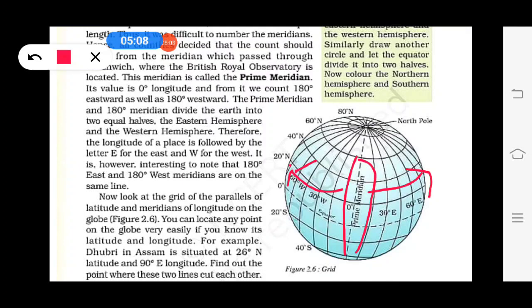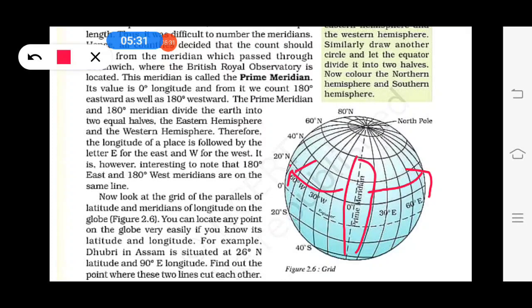Now, it is very easy to locate any point on the globe by using a grid of latitudes and longitudes. What is a grid? Look at the picture. Latitudes and longitudes intersect each other in this picture. So, this is called a grid of latitudes and longitudes.